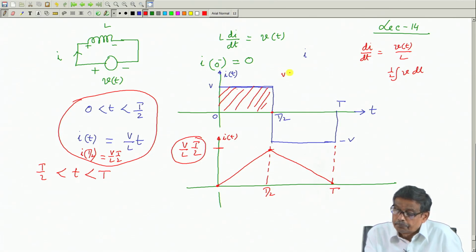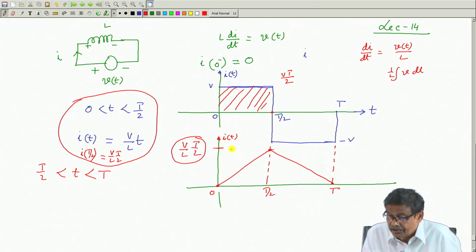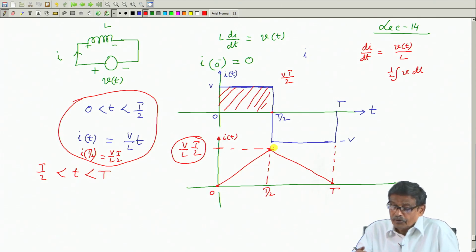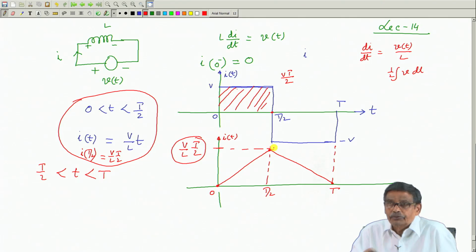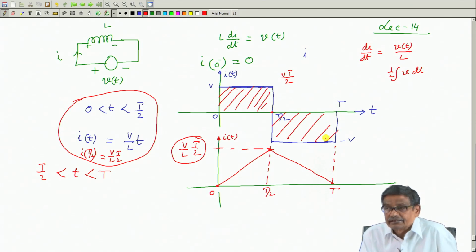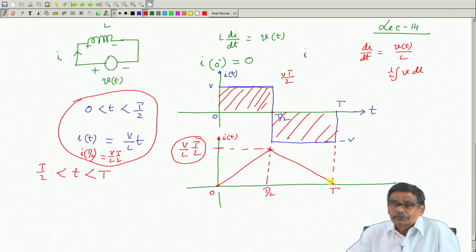So, volt second spent was V T by 2 to establish a current from 0 to V by L into T by 2, this level. Therefore, to make the current back to 0, you have to apply a negative volt second of the same amount. And you see, this is also T by 2, the volt second associated with this just matches, and therefore the current value once again will become 0.